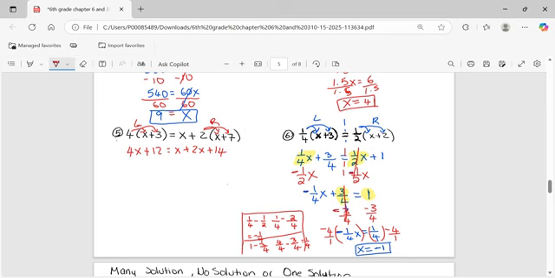I am going to combine like terms because I see that I have that. Again, these like terms are on the same side of the equal sign. So I am not subtracting anything from both sides. I'm combining.